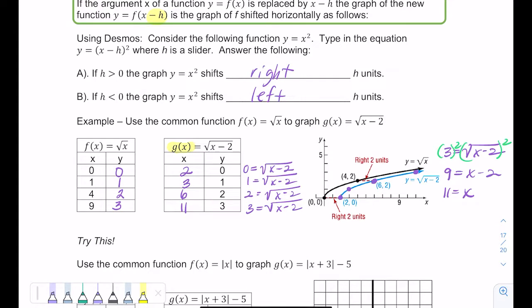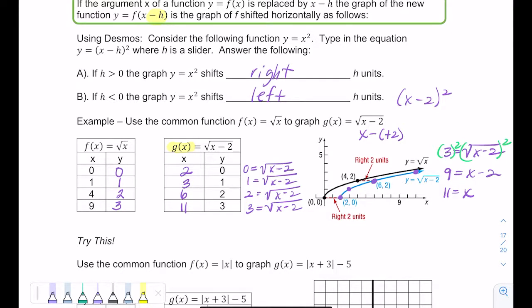So you might look at that and go, well, wait a minute. I thought h was less than 0. It's not. So here you want to think of this as x minus a positive 2. So h here is positive 2. It's greater than 0, so it's going to shift to the right. The way I look at it is, whenever it's inside, like a square root, or if you have something in parentheses, like x minus 2 squared, it's the opposite of what you see there, right?